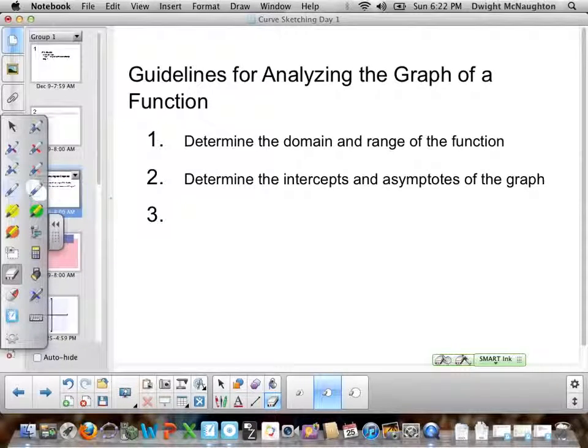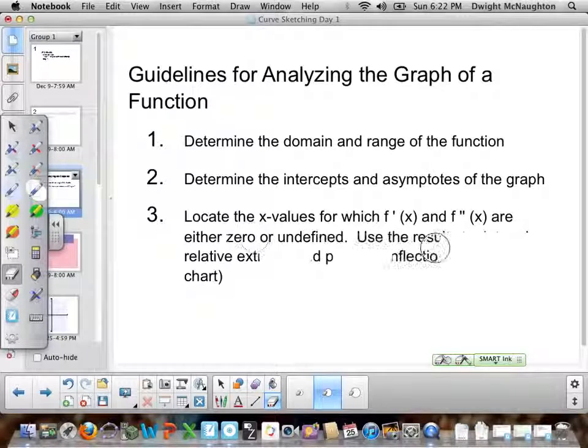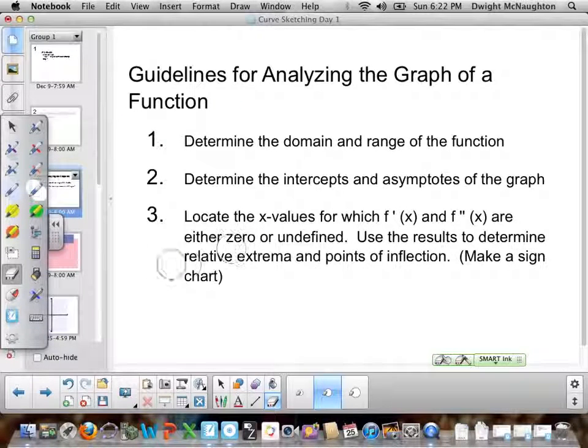And then finally, the third thing you're going to look at, your critical numbers, your relative extrema, and your points of inflection. Or in other words, you're going to make a sign chart. You do your first derivative test to see increasing, decreasing. You're going to do your second derivative test to see concave up, concave down, as well as relative extrema and points of inflection.